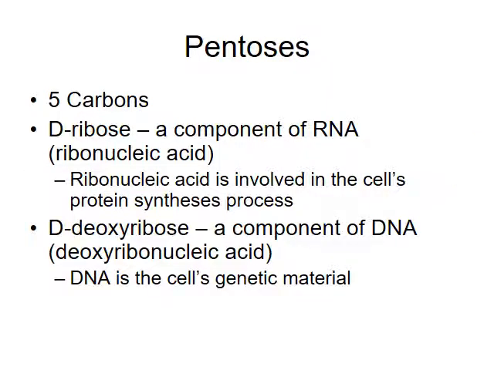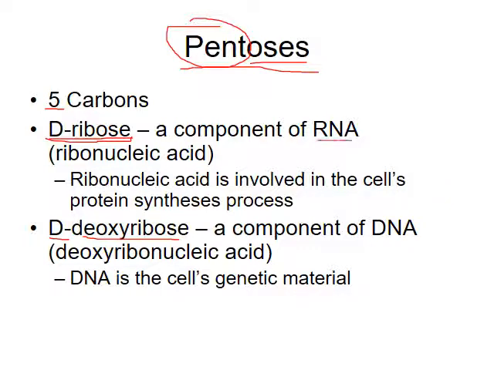Okay, so let's go with pentoses first. So pent means 5. Os, sugar. There's 2 of them. D-ribose, and we're just going to always deal with the D, except you're going to have to know L-glyceraldehyde, and deoxyribose.